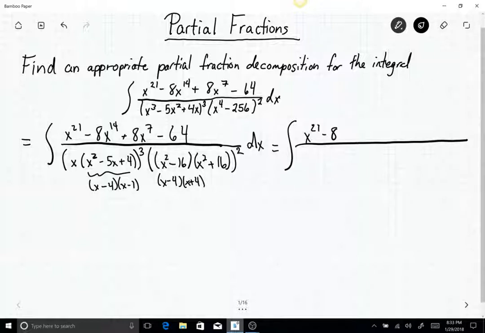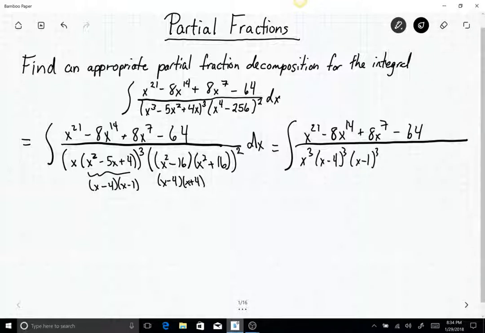x to the 21st minus 8x to the 14th plus 8x to the 7th, and then minus 64. Then notice we have to distribute that cube to each of the factors, so we'll get an x cubed, and we'll have an x minus 4, the quantity cubed, and then an x minus 1, the quantity cubed.